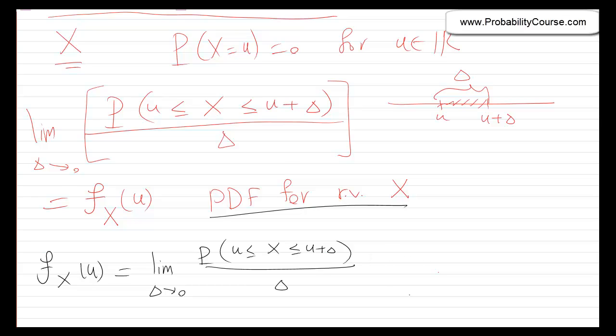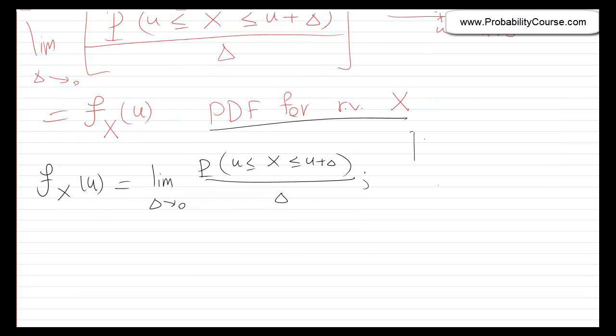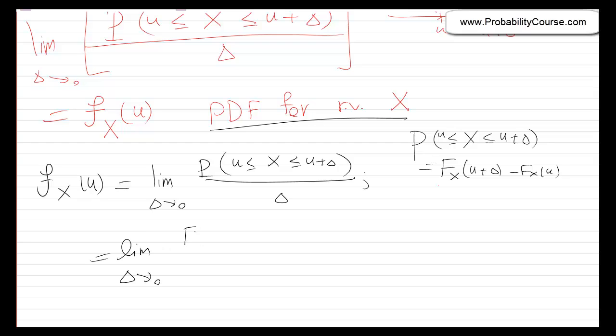Now we know that the probability that X is between u and u plus delta is basically the CDF at point u plus delta minus the CDF at point u. It's just the result of the definition of the CDF. So let's write this as the limit as delta goes to 0 of F_X(u plus delta) minus F_X(u), divided by delta.